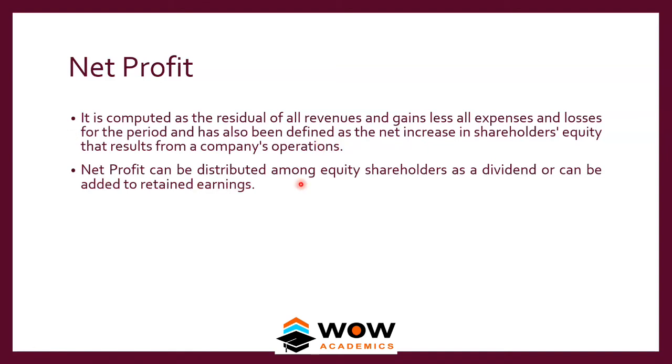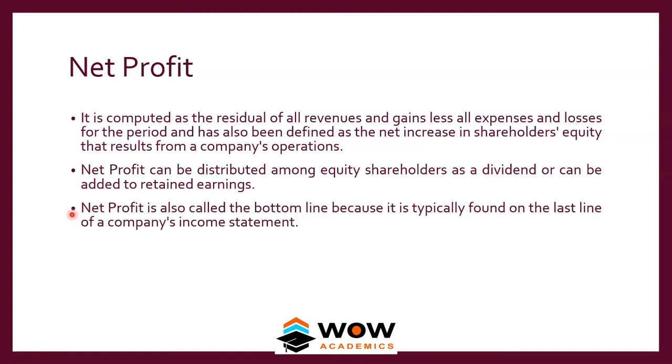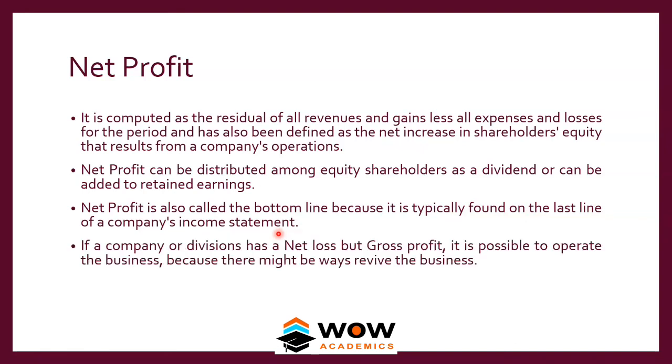Net profit can be distributed among equity shareholders as a dividend or can be added to retained earnings. So from net profit, you can do two things: either give it as dividend, or add it to the retained earnings. Net profit is also called the bottom line because it is typically found on the last line of a company's income statement.